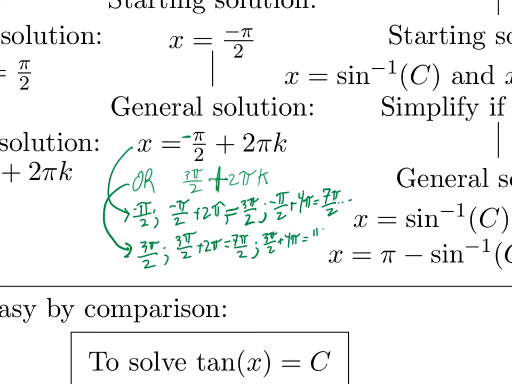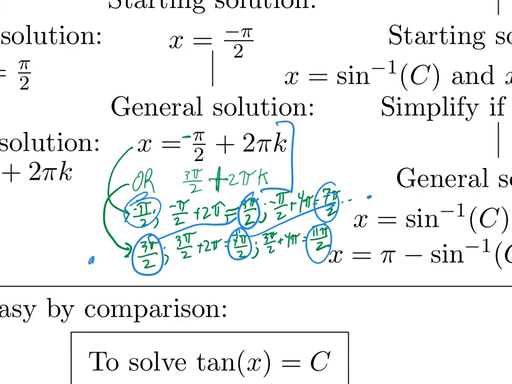That will be 11 pi over 2. And so a thing to notice is these families of solutions are the same. Those two are the same. These two are the same. The next one in the list would be the same as that one. The previous one in this list would be the same as that one. So these two families of solutions may look different, but they are the same.